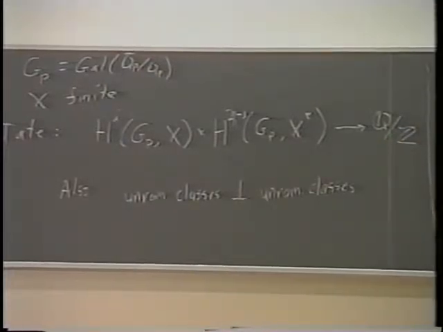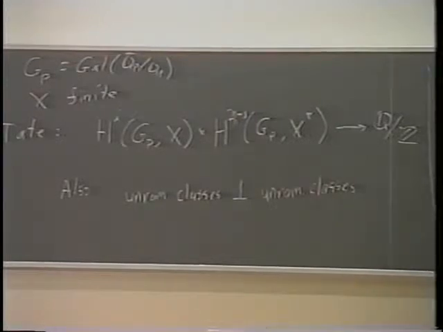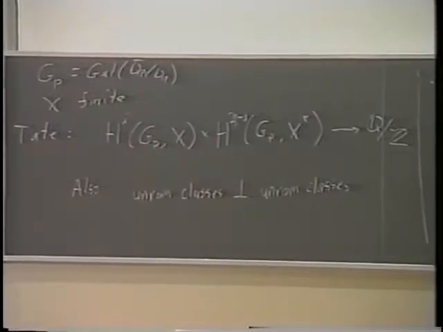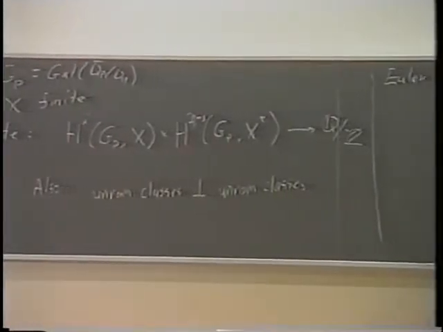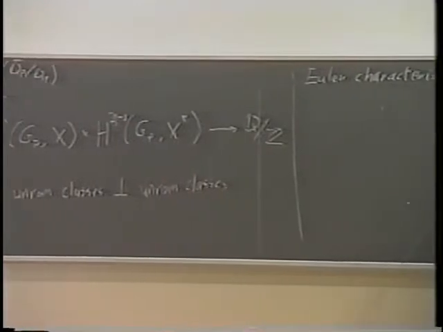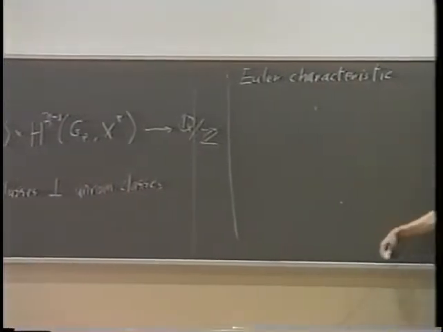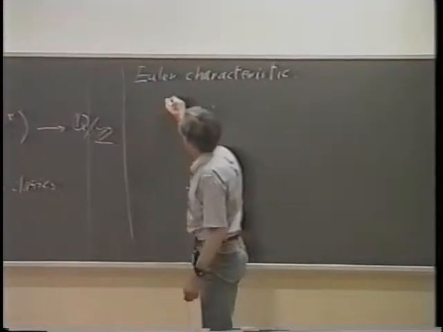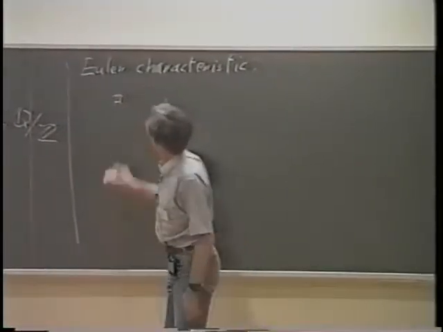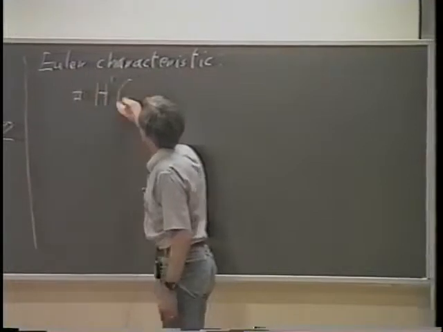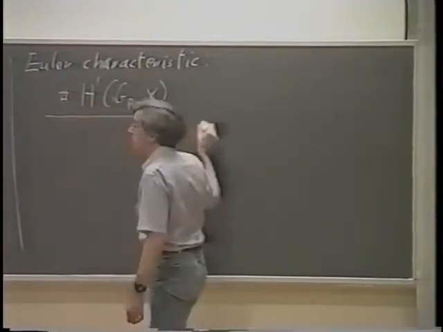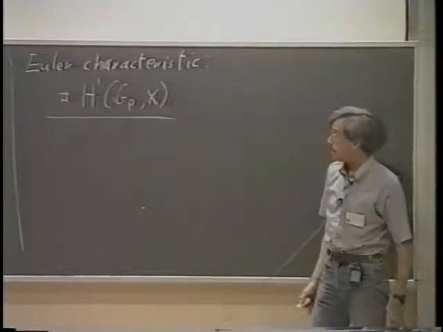Okay, well, there's one other thing I might as well mention now. It's essentially an Euler characteristic, which just means some alternating thing with cohomology groups. So same situation, then the order of H^1(G_P, X), so right now P is a finite prime.